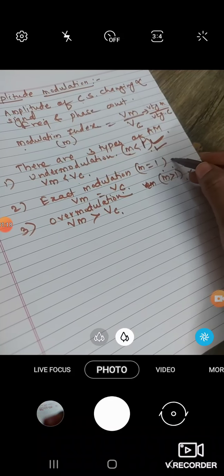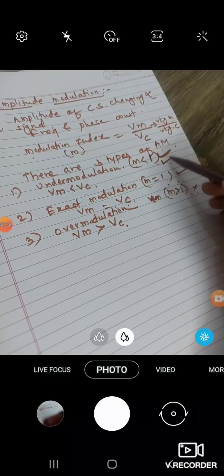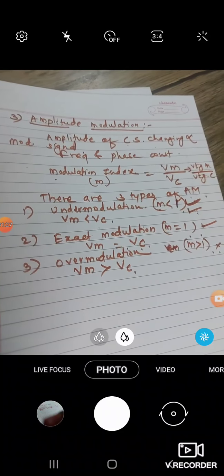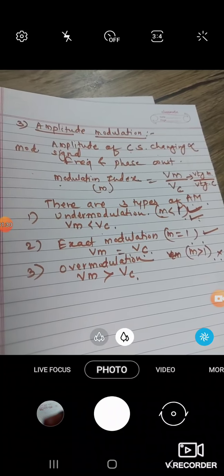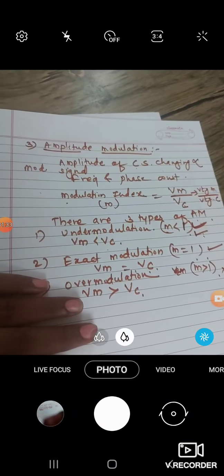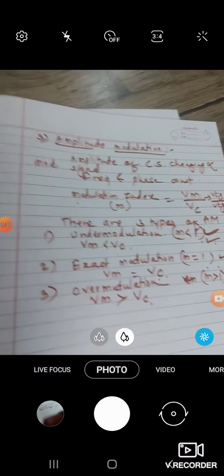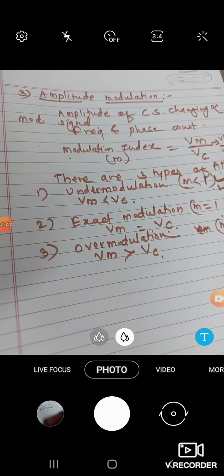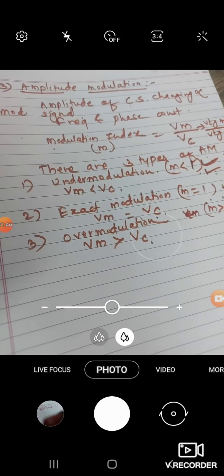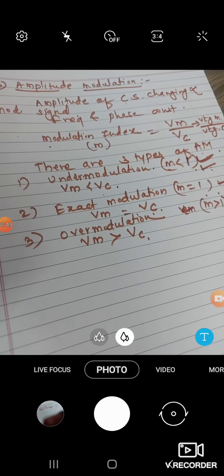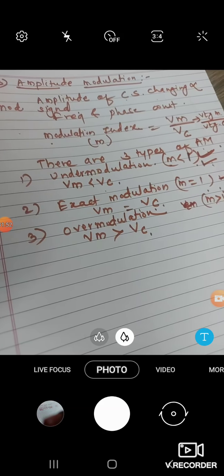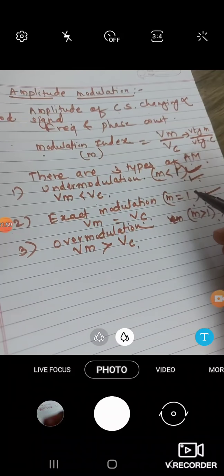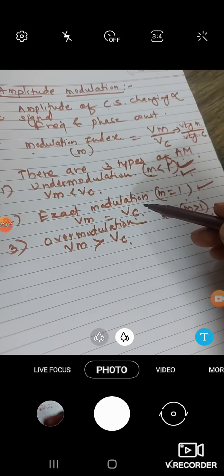Exact modulation can be somewhat preferred, but the most preferred modulation technique in amplitude modulation is under modulation. आपण तिन्ही वेवफॉर्म बघणार आहोत just for your understanding, but always remember after this, whatever waveforms of AM you have to draw, you have to draw by considering the under modulation condition. मग आपल्याला under modulation condition मध्ये जी वेवफॉर्म मिळेल, that waveform only you have to refer hereafter to draw the diagrams of amplitude modulation.